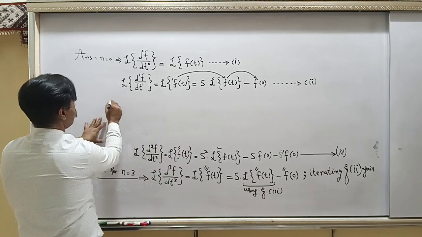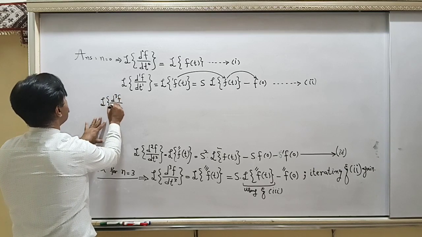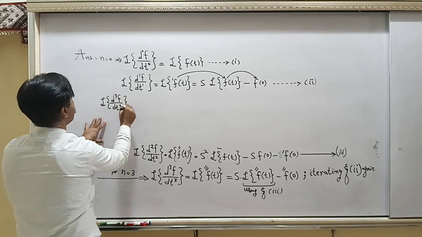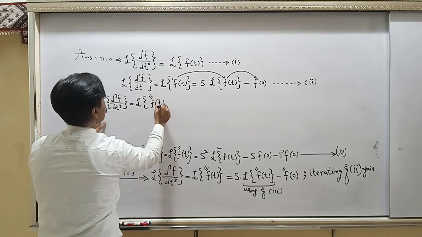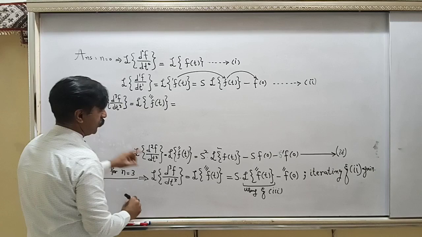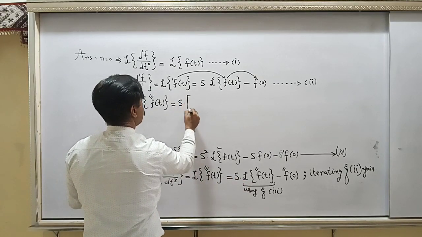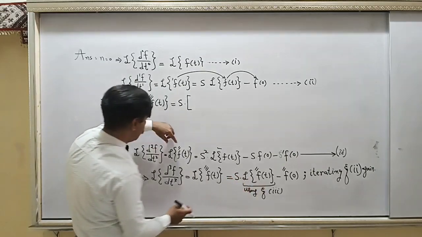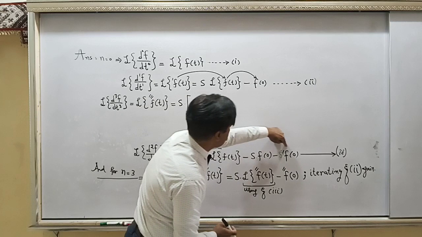On the left you have the Laplace transform of d3f by dt cube, or L of f triple prime t, and this is equal to s into L of f double prime, this L of f double prime from equation 3. You use this thing.